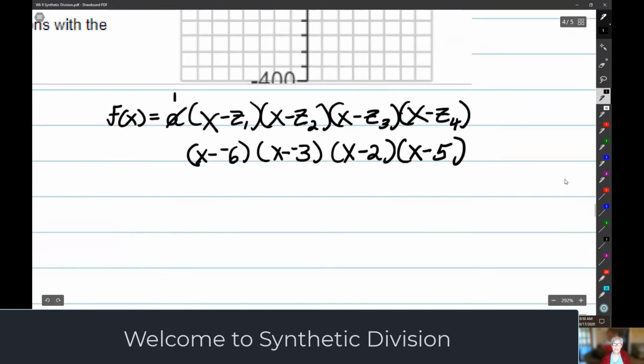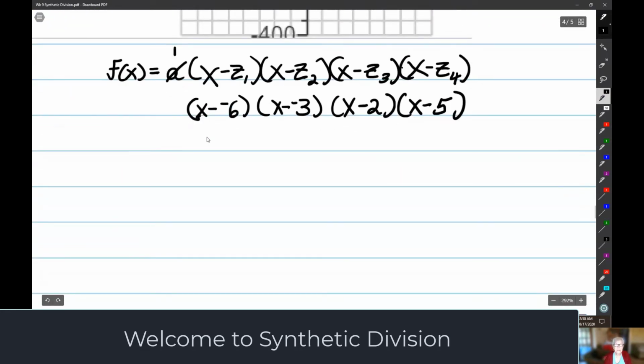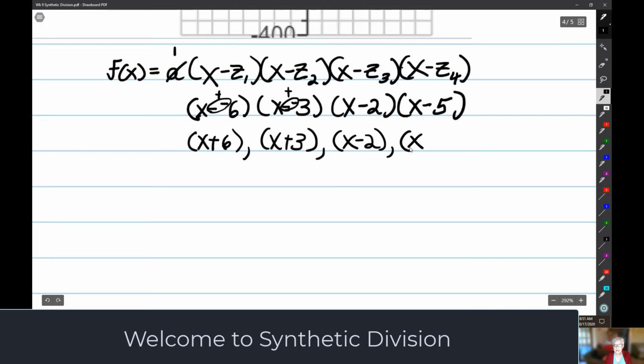Then on the next pass through, you fancy up the negative negative, which gives you a positive. So the four factors are going to be x plus 6, x plus 3, x minus 2, and x minus 5. And that's the answer to part A.